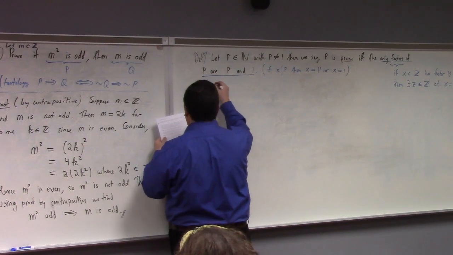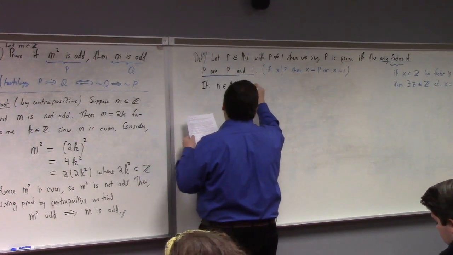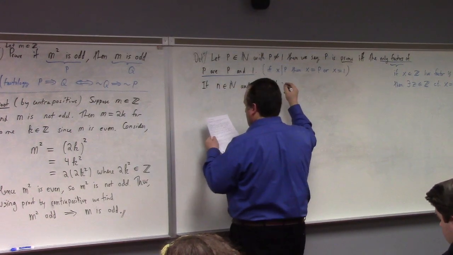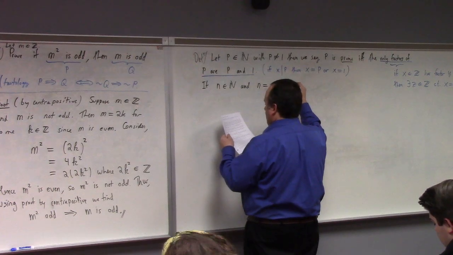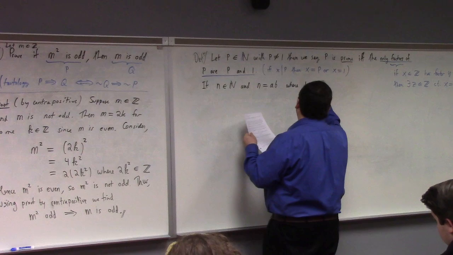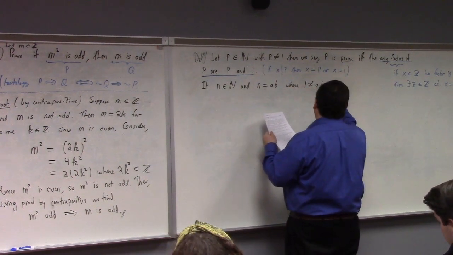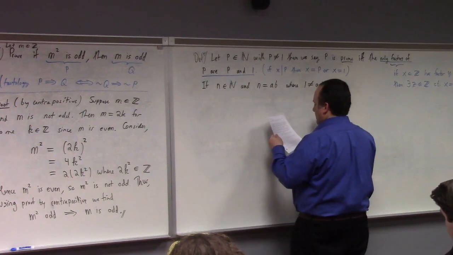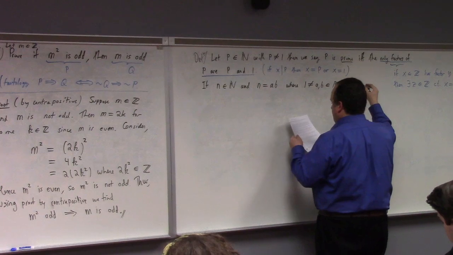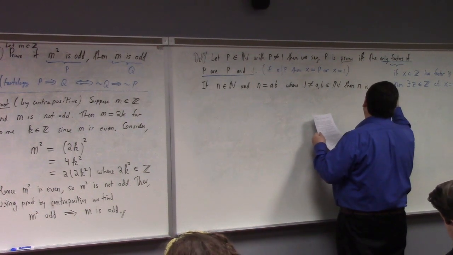Furthermore, if n is a natural number and n is equal to AB, where neither A nor B is equal to 1, all in the natural numbers, then n is a composite.